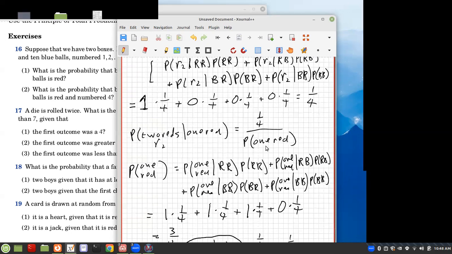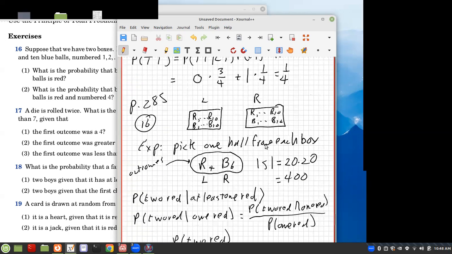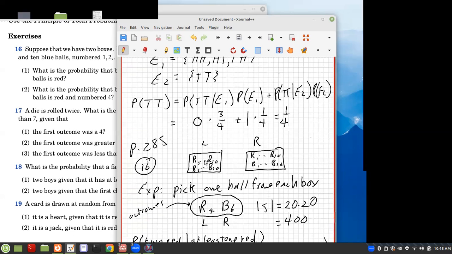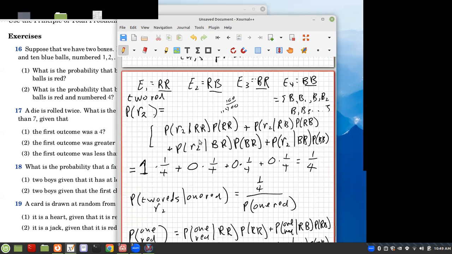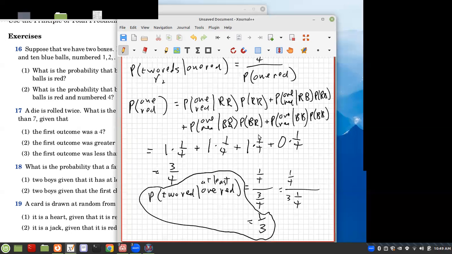For these kinds of problems, you could also figure out the numerator and denominator by counting, like the probability that at least one is red. But essentially what you're doing when you do the counting is dividing it up into these different events of red-red, red-blue, blue-red, blue-blue. So in some sense, you're doing intuitively this law of total probability when you do the counting.